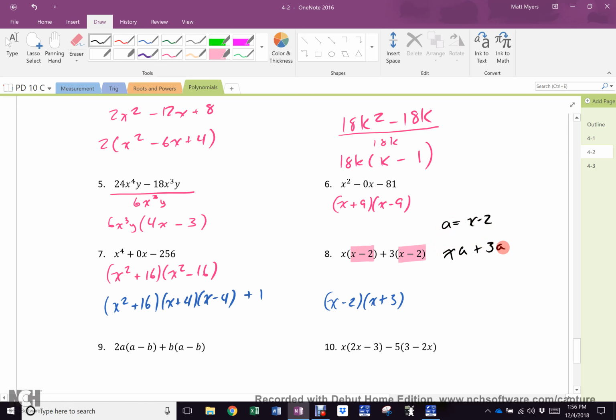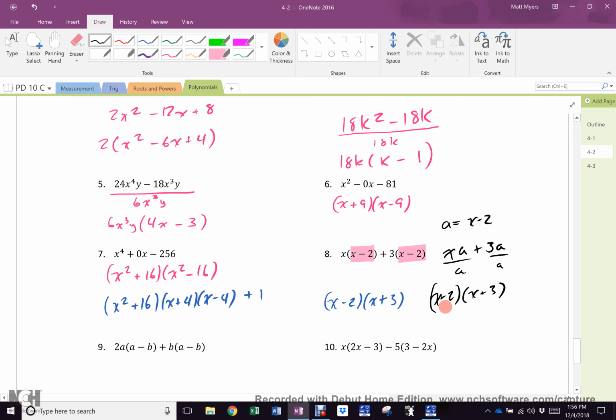And you can plainly see A is common to both, yes? So I would divide out an A, and I would get A and x plus 3, correct? Is there an A anywhere in here? No. What is A? 2. No, A is x minus 2.